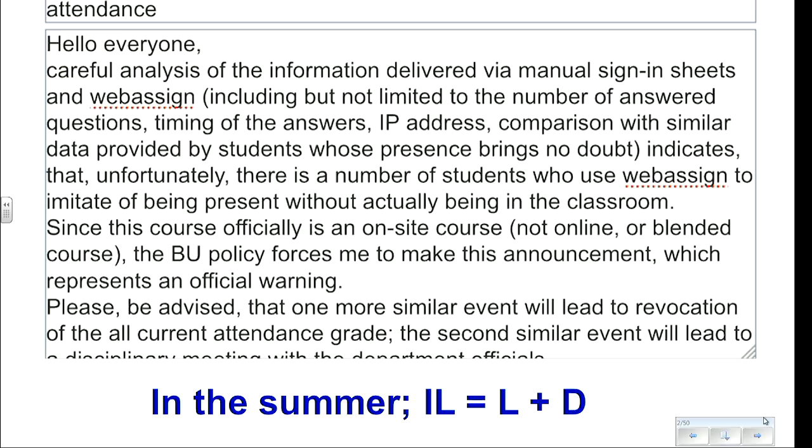So one of my job descriptions is maintaining attendance, and when I see some oddities, first I make a verbal announcement, then I make an official textual announcement, and if I need to, I'm going to act according to the policies. And this is what I wanted to mention after the first exam, and I forgot.